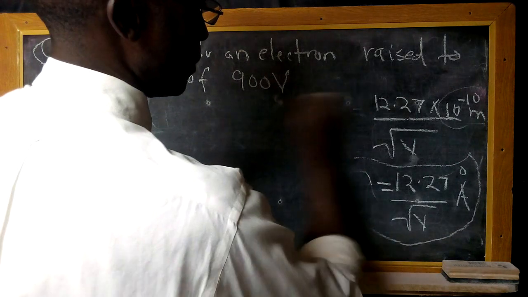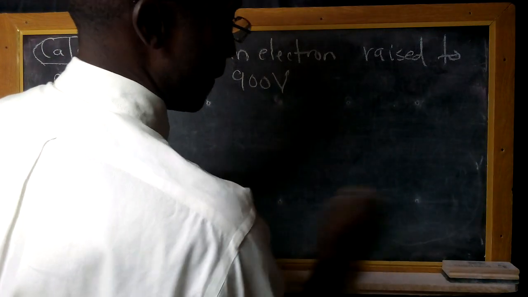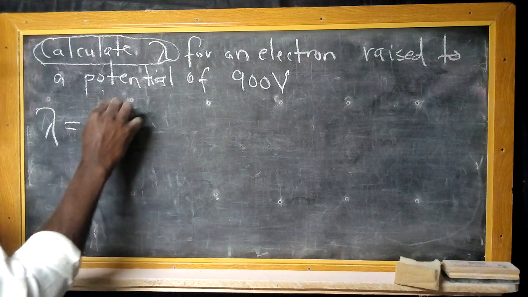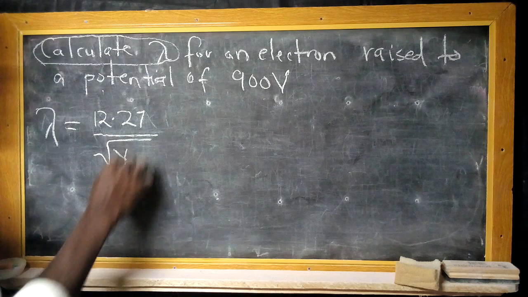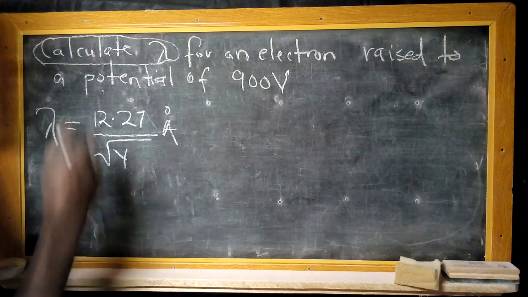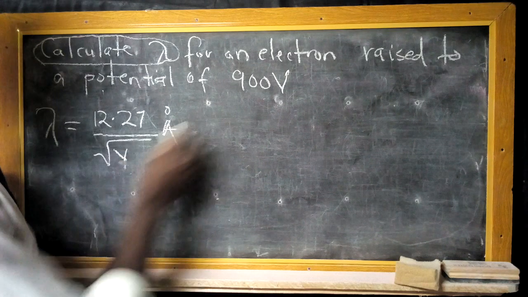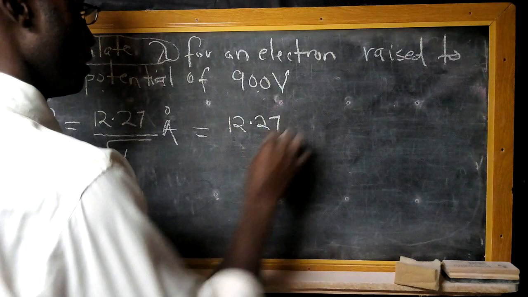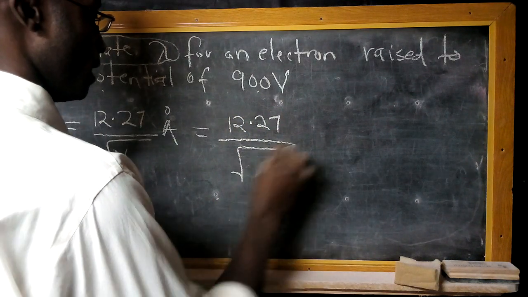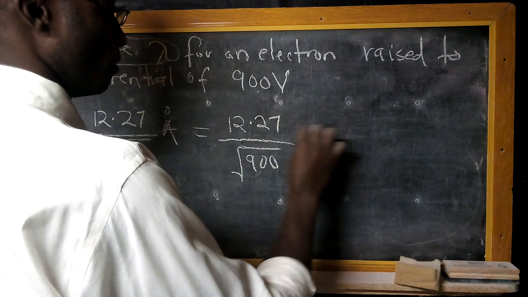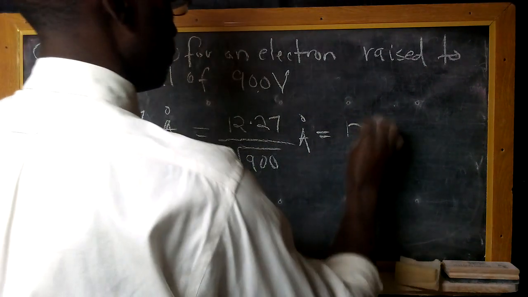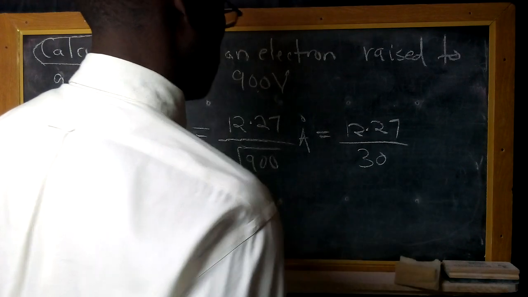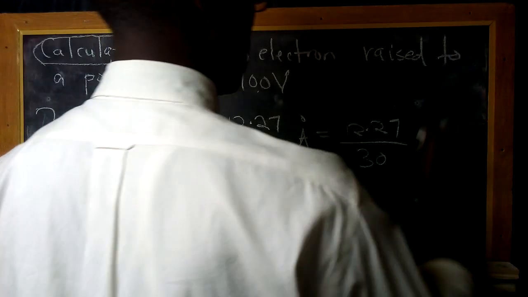So let's calculate the de Broglie wavelength for this problem using the equation lambda equals 12.27 over the root of V angstroms. We substitute V equals 900, which gives 12.27 divided by the root of 900 angstroms, which is 12.27 divided by 30, of course an absolute value, angstroms.